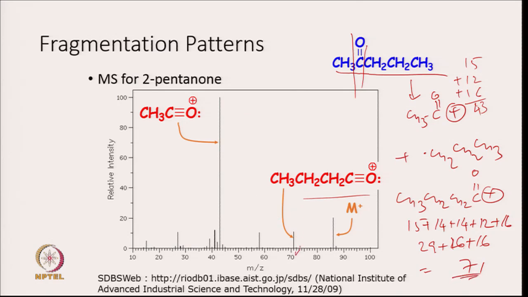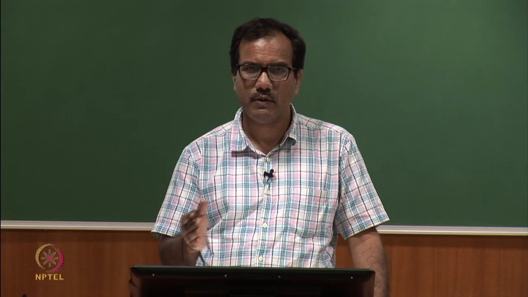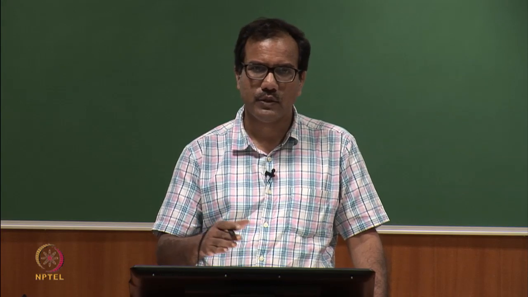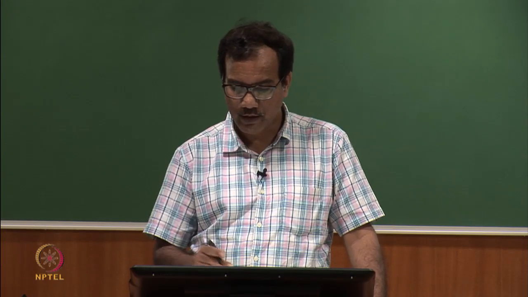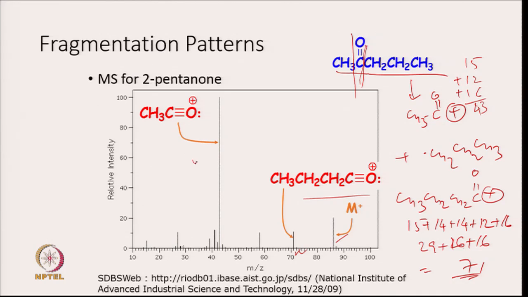You see here the peak at 71 is formed, and the molecular ion peak is also shown. Ketone fragments are formed when the ketone breaks from two sides of the CO group. If it breaks here, there will be a peak at 43, whereas if there is a break here, you will get a mass peak around 71.